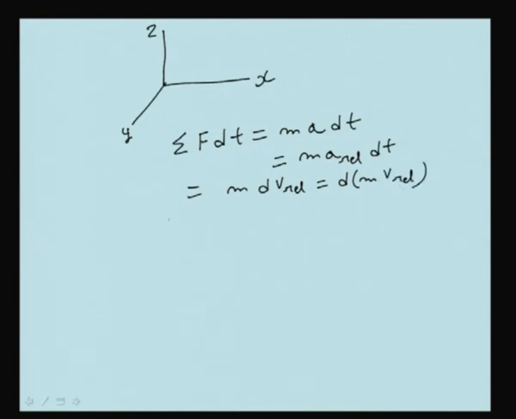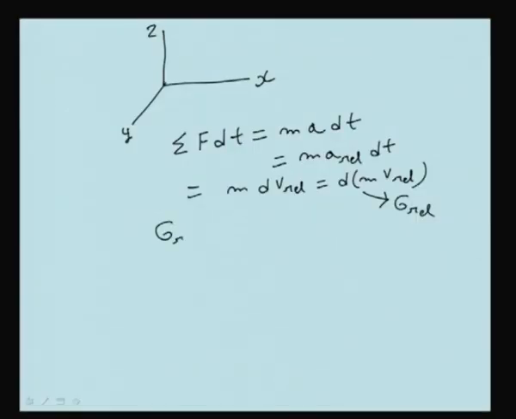Therefore, sigma F dt, I can write as G rel, that means linear momentum with reference to another reference frame xyz, which is moving with a constant velocity.